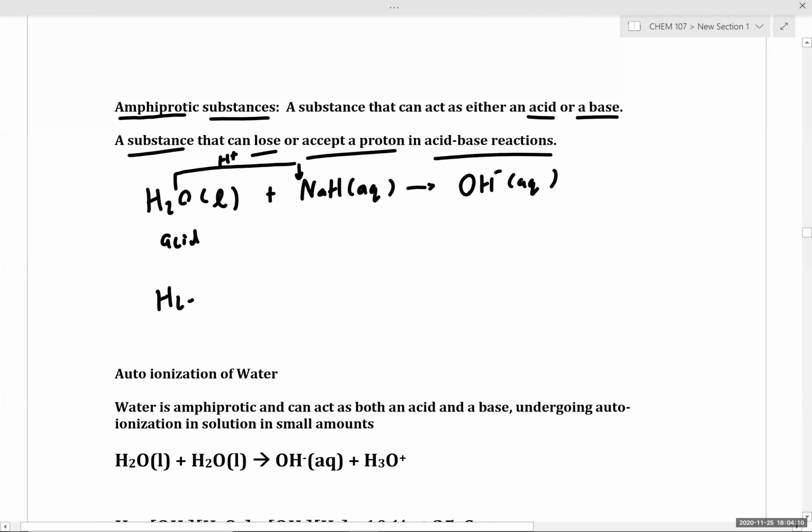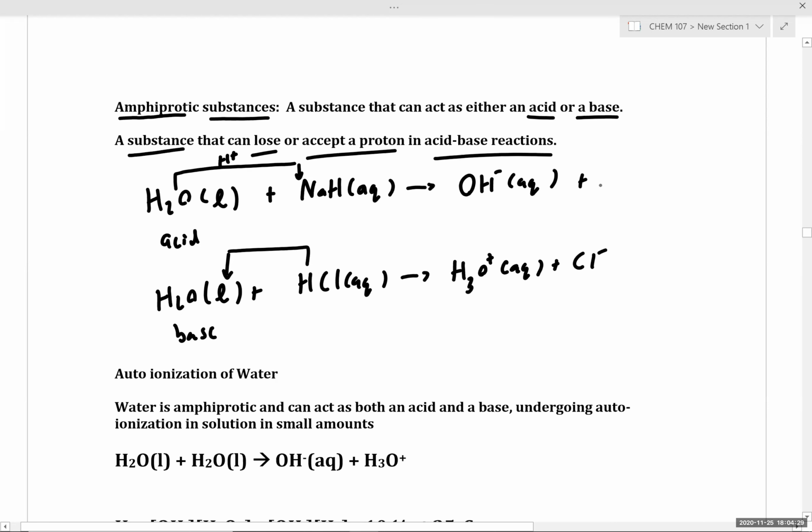If we take water and treat it with a strong acid, such as hydrochloric acid, we can end up with water functioning as a base, whereas it is accepting a proton to generate hydronium ion.